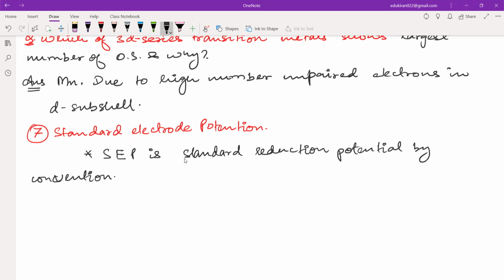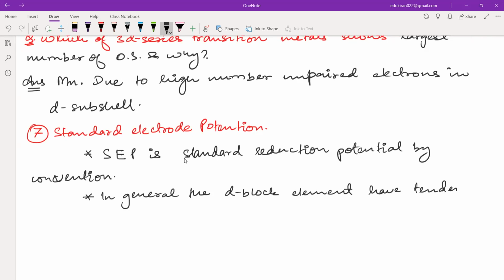And since we have metals in the D block elements, in general they have a tendency to lose electrons. Why? Because of the metallic character. Since they are metals, they will lose electrons.